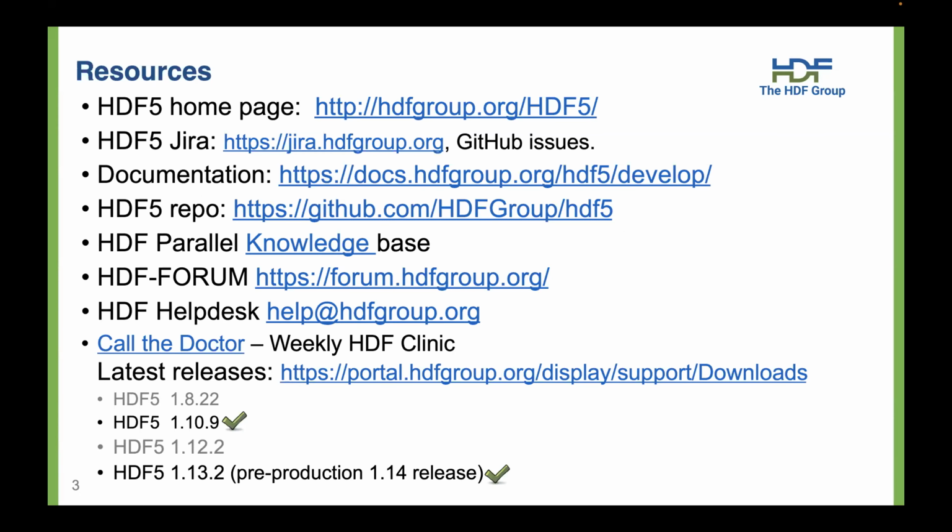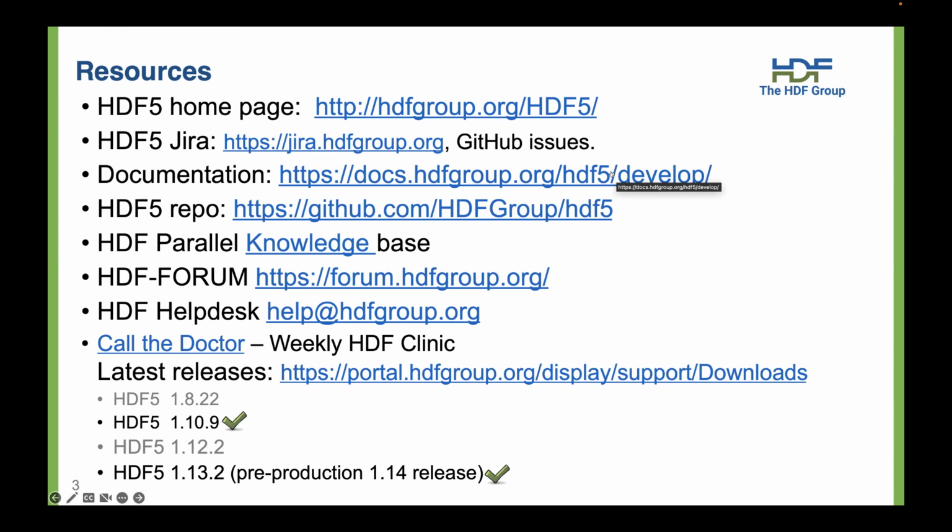So just to go over the resources, the HDF5 homepage is listed here. We also have a place where you can report issues, bugs or new features on our Jira, and we also have GitHub issues, so you can do it either in the Jira or in the HDF5 issues on GitHub. We also have documentation.